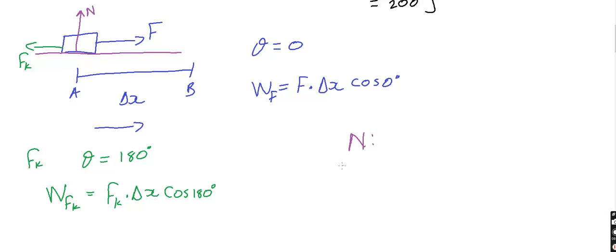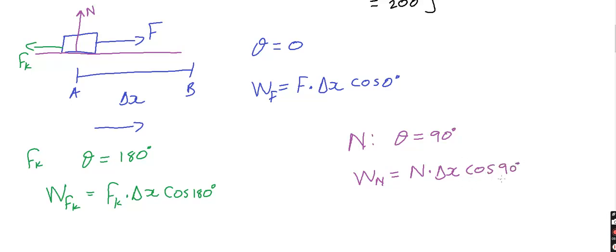If you look at the direction of the displacement and the direction of the normal force, they form 90 degrees. The angle between them is 90 degrees. So theta in this case is going to be 90 degrees, and the work done by the normal force will be the normal force multiplied by the displacement and then cos 90 degrees.